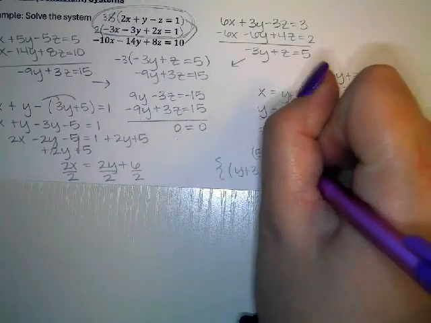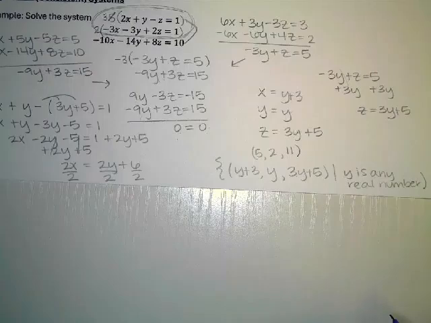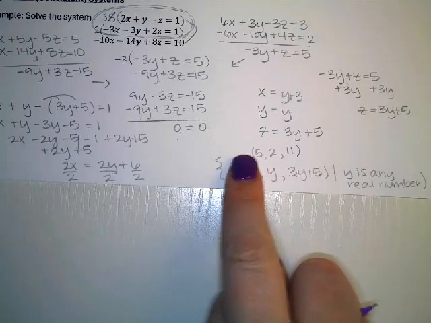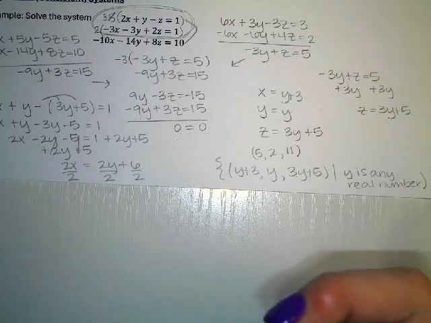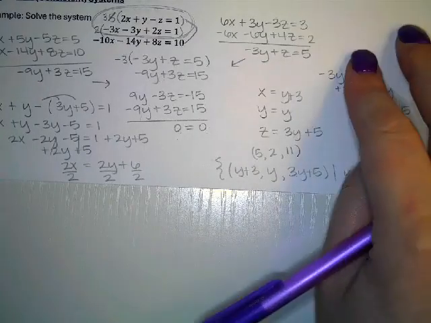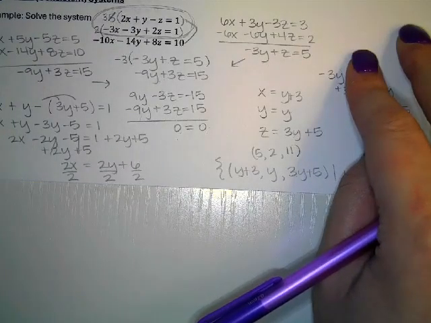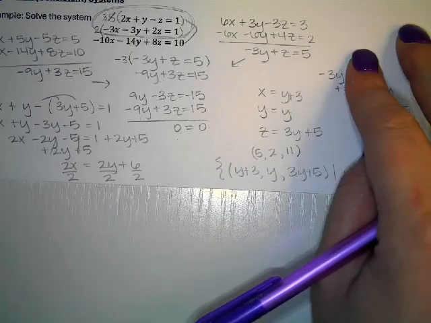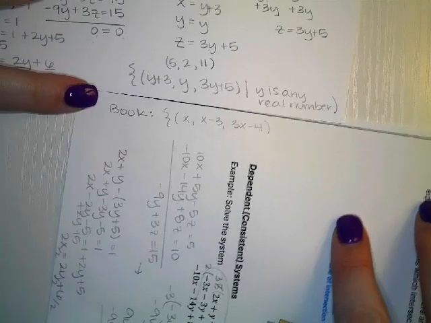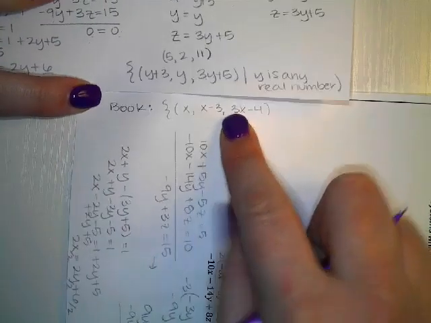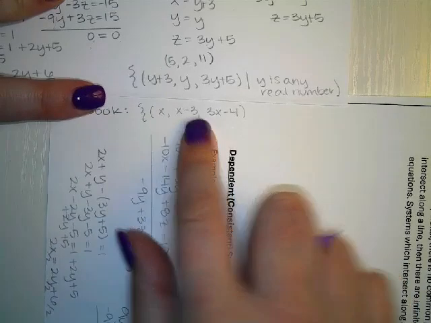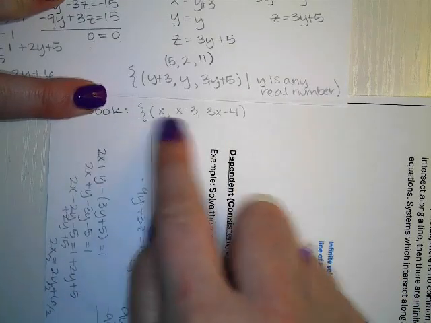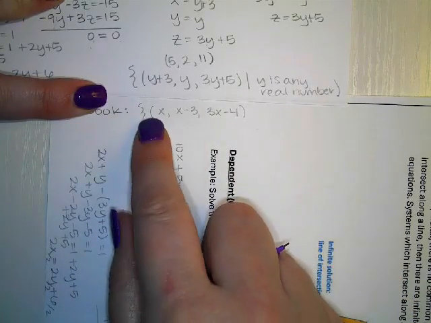Now, your textbook, when they did this problem, eliminated a different variable first than I did, and I wrote it on my notes. They ended up with this solution right here. I just want to show you that you can have multiple answers. This is what your book ended up with: x for the first coordinate, x minus 3 for the second coordinate, 3x minus 4 for the third coordinate.